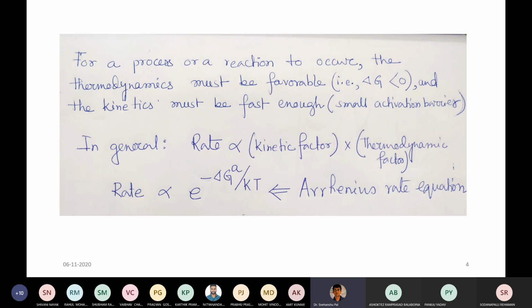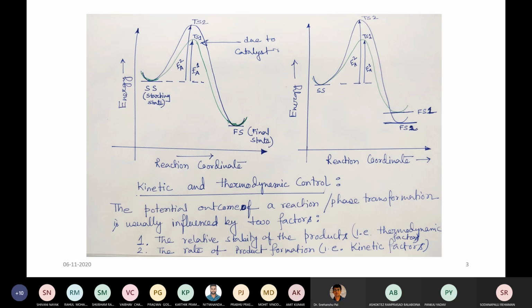If you look at the previous figure, again I am going back to the previous figure, it is the maximum energy separating the two equilibrium states, and overcoming this barrier represents the bottleneck for the reaction to finish, thus a rate determining step. To overcome this barrier is required to progress the reaction, the process, the transformation.